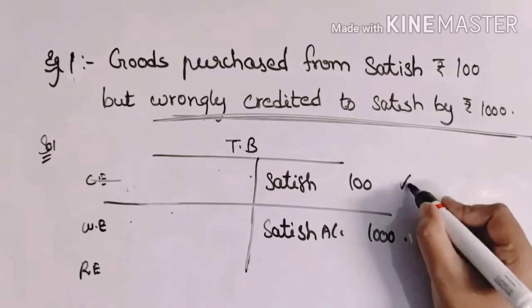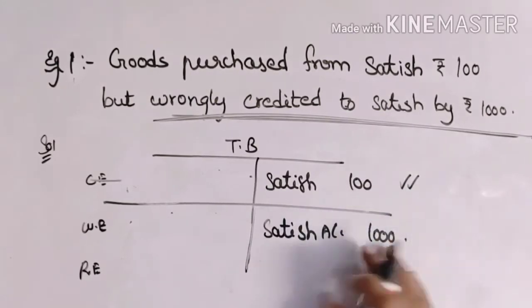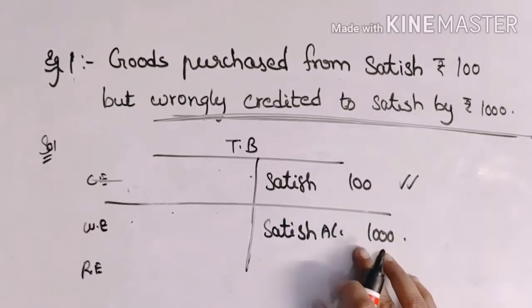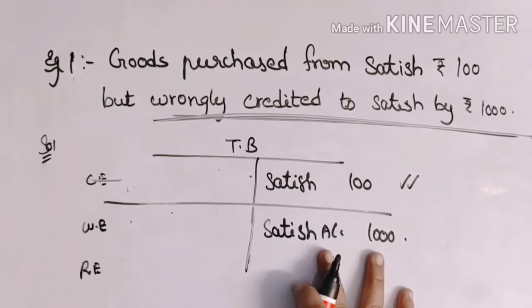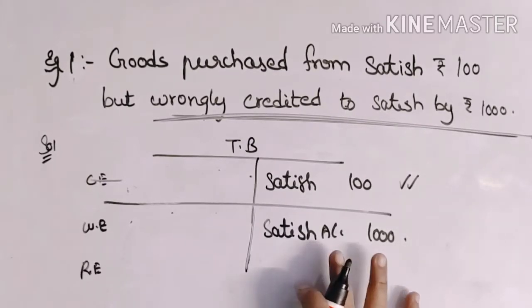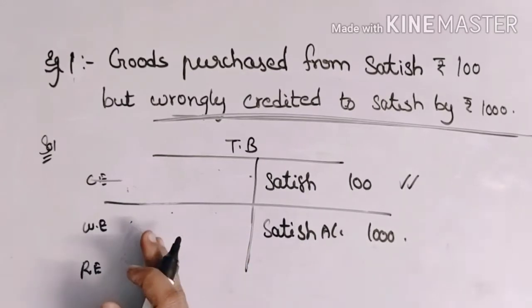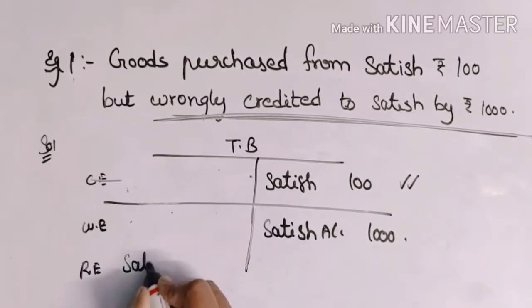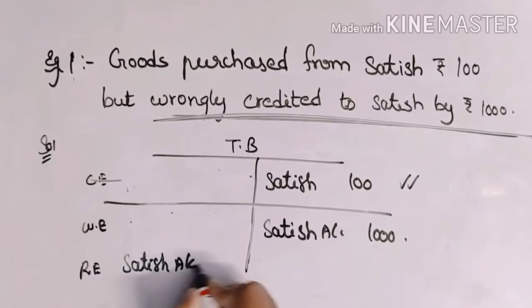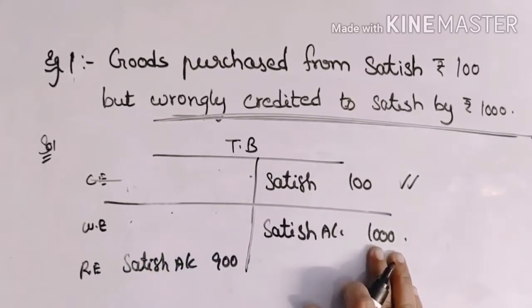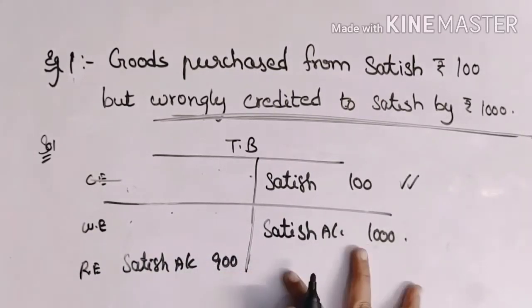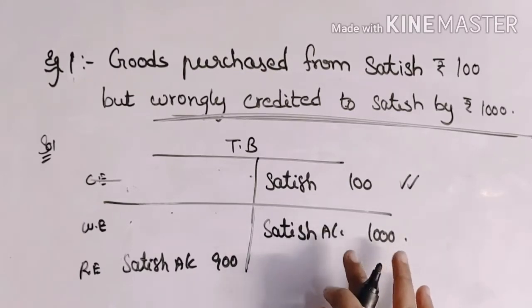The correct amount that must be recorded is ₹100 but wrongly it has been credited by ₹1000. Now in order to reduce this 1000 rupees, just debit the Satish account by 900 rupees. Satish account 900 rupees. So if we subtract 900 from this 1000, the Satish account will be credited by 100 rupees correctly.